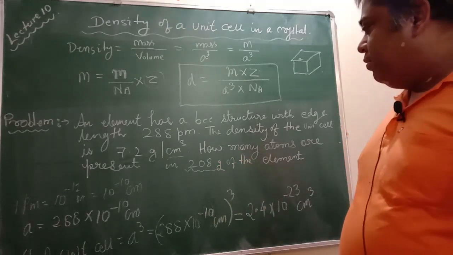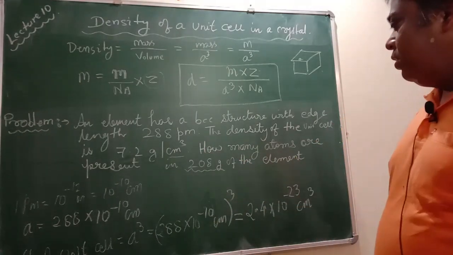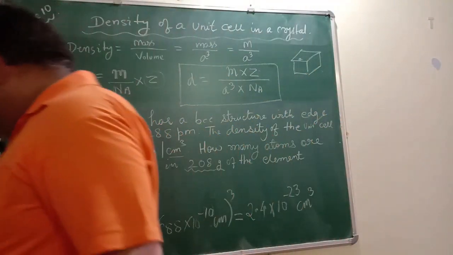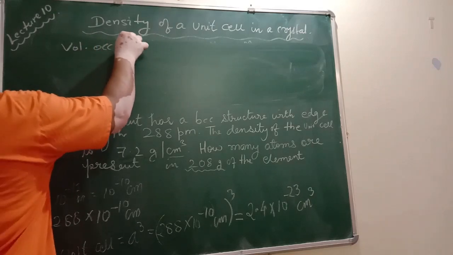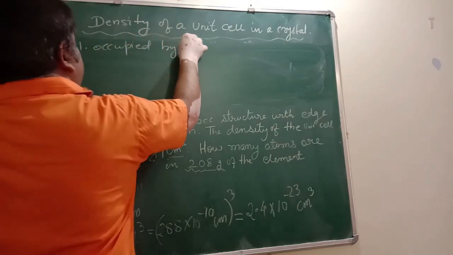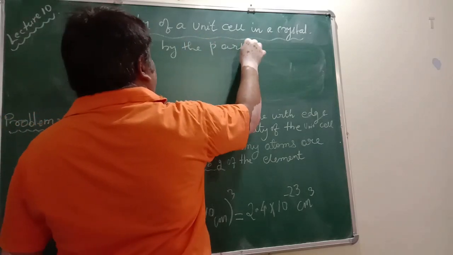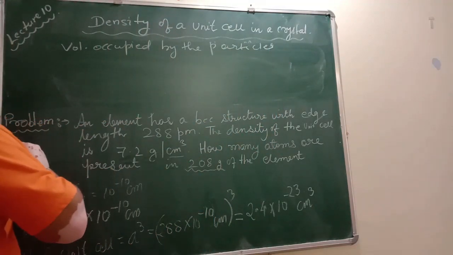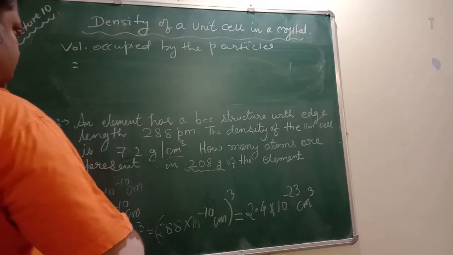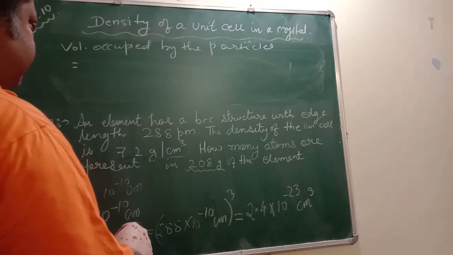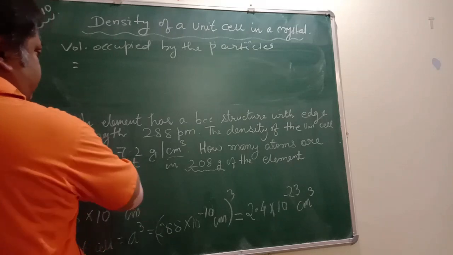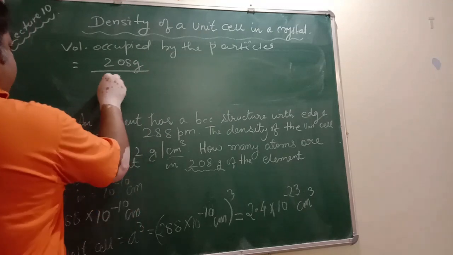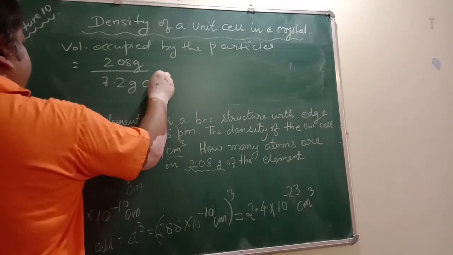If the weight is given and if density is given, we can find out the volume occupied by the particles. Volume of the particles will be equal to 208 gram divided by 7.2 gram per centimeter cube.